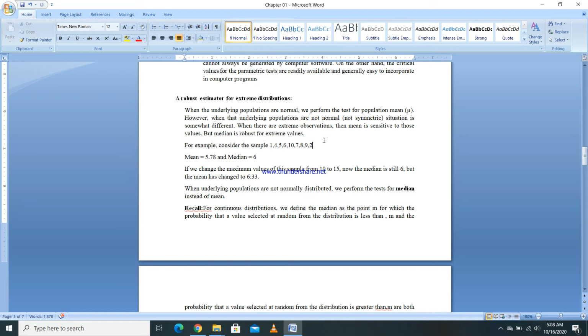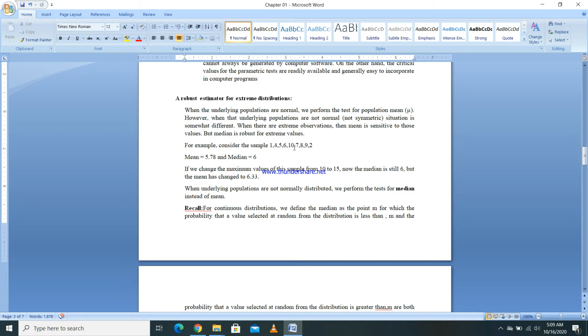And since you have 9 values, 9 plus 1 divided by 2 is the 5th observation. So in the 5th place, you have the median value as 6. So the mean is 5.78 and the median is 6.